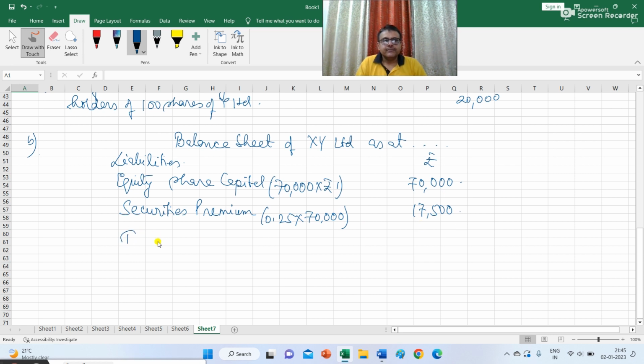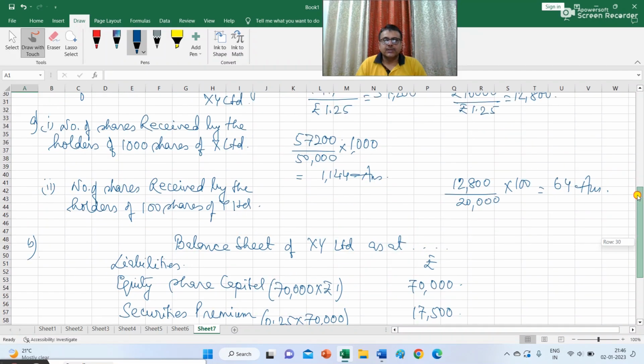Then the current liabilities. So under current liability we have trade payable, which was taken over by XY Limited for the two companies, and it is 8,000. 5,000 plus 3,000 is 8,000.